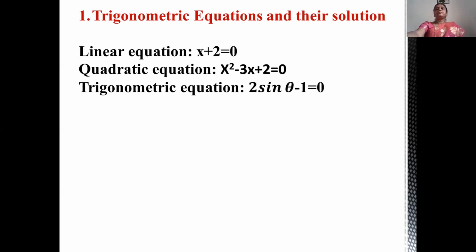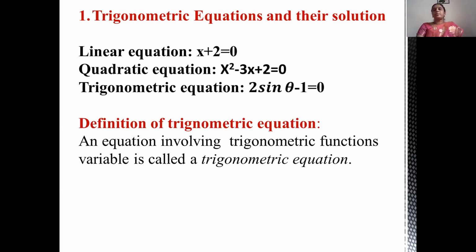Okay. Then what will be the definition of a trigonometric equation? An equation involving a trigonometric function as a variable is called a trigonometric equation. It means if instead of x the variable is a trigonometric function, then it is called a trigonometric equation.